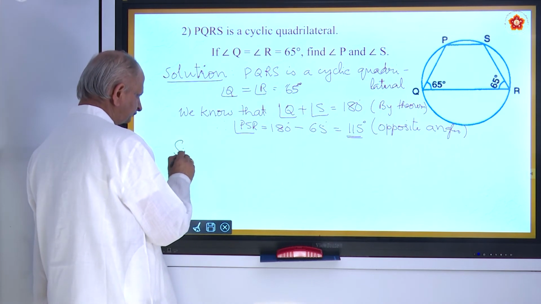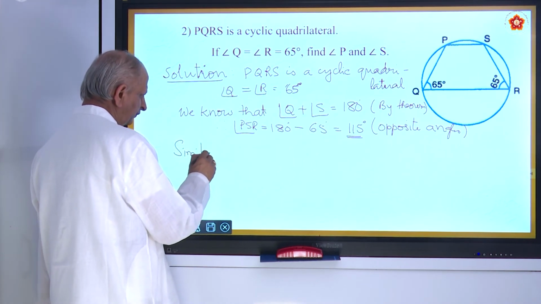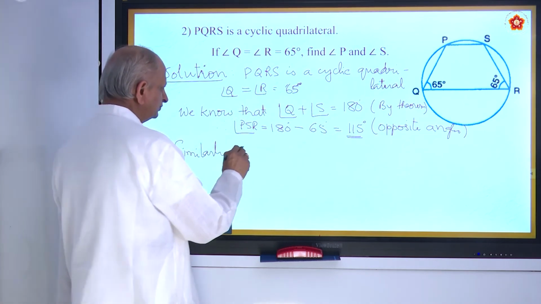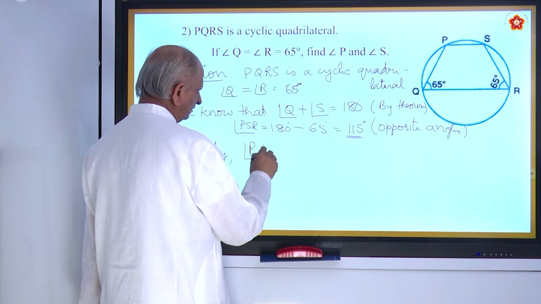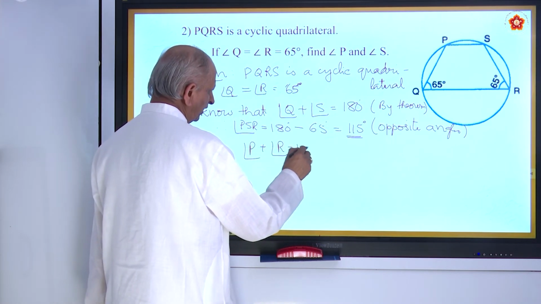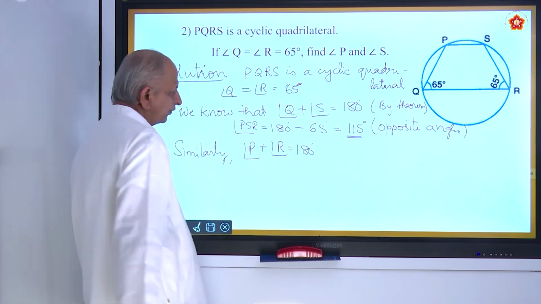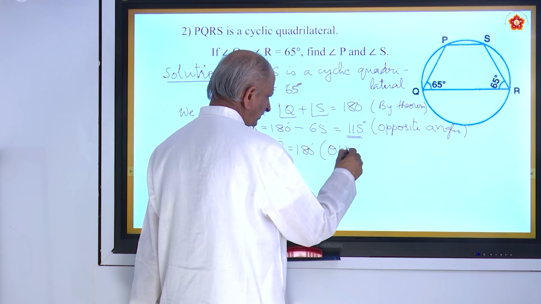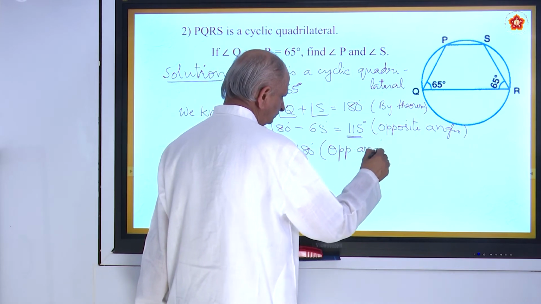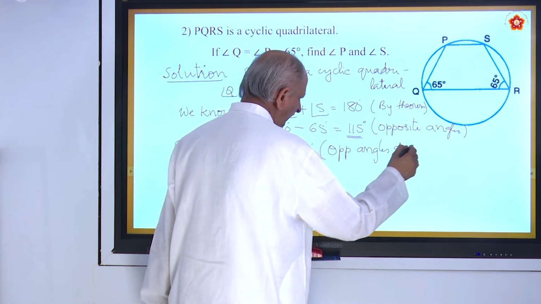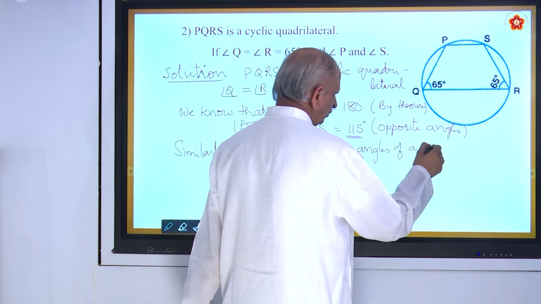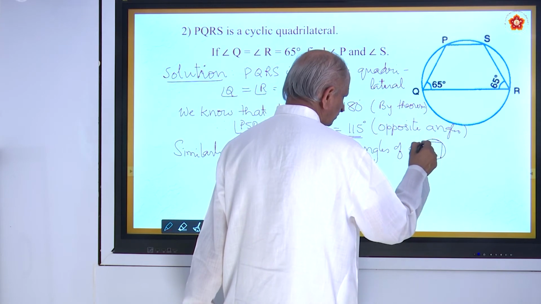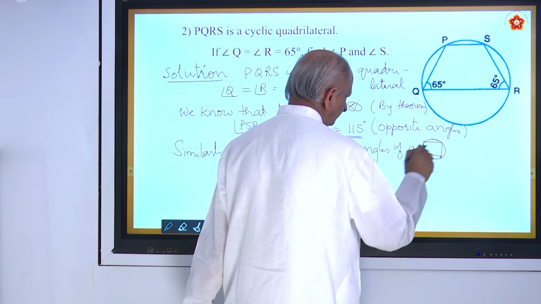Similarly, as you proved just now, angle P plus angle R is equal to 180 degrees. Why? By theorem. Opposite angles of a cyclic quadrilateral. You can draw a figure also, to save time.